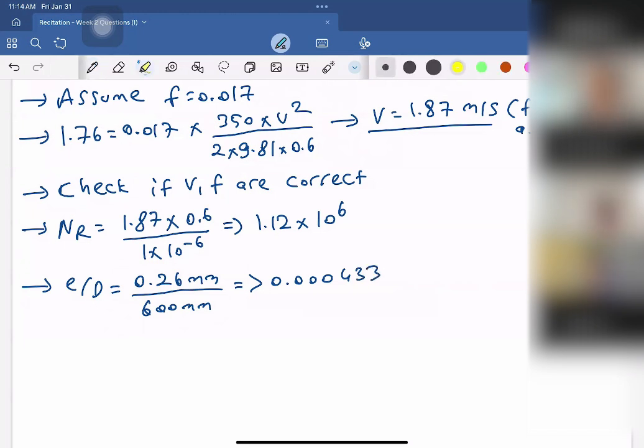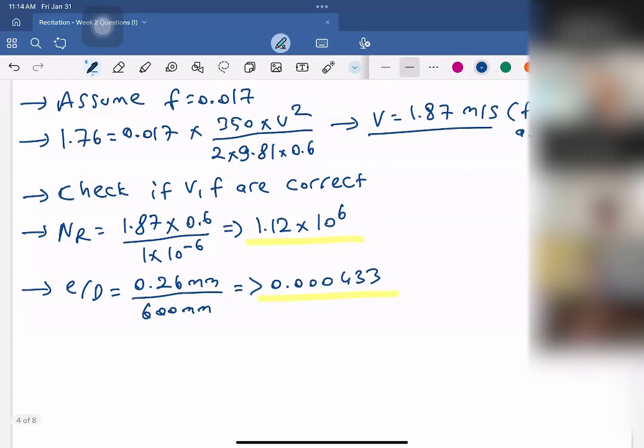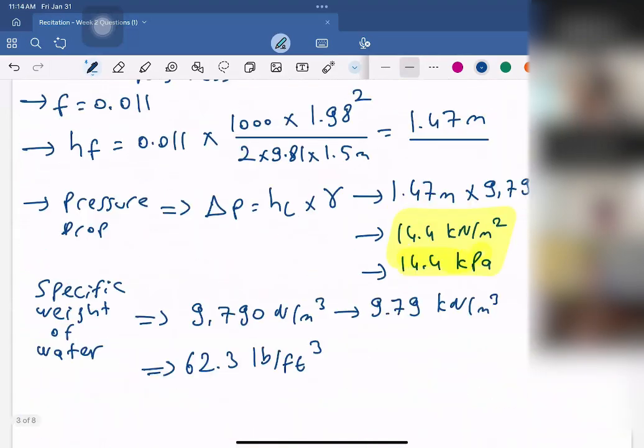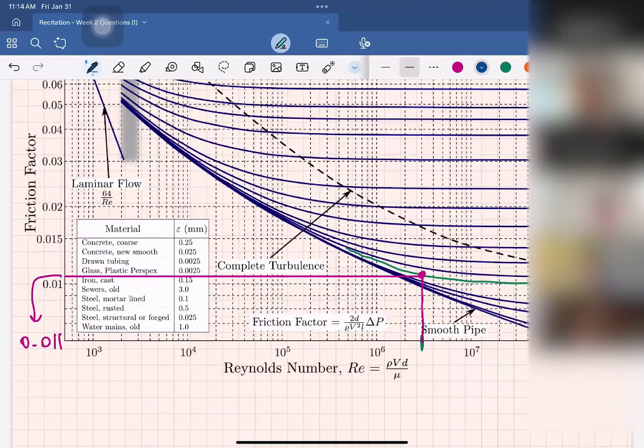And now that we have these two variables, we can go to check a Moody diagram if the assumption is correct. So we are visiting Moody again.